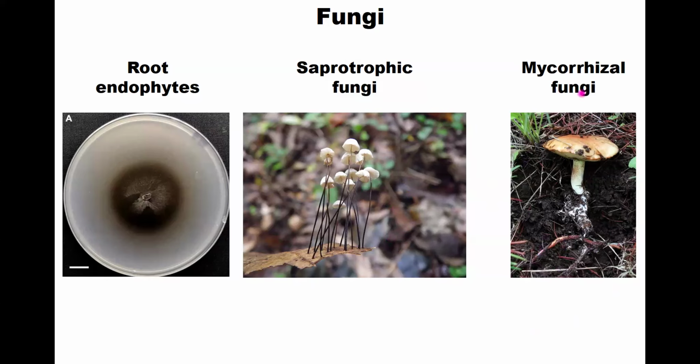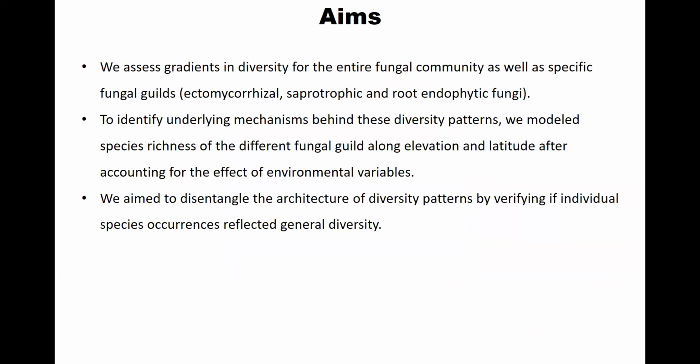Mycorrhizal fungi have tremendous effects on the vegetation, and root endophytes are also important in carbon sequestration. Therefore, we focused on these three groups. We assessed the gradients of diversity for these ecological guilds along the altitudinal and latitudinal diversity gradients.